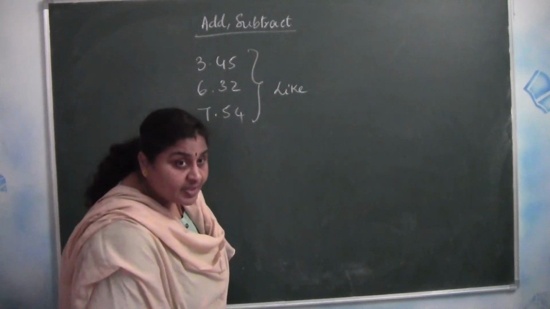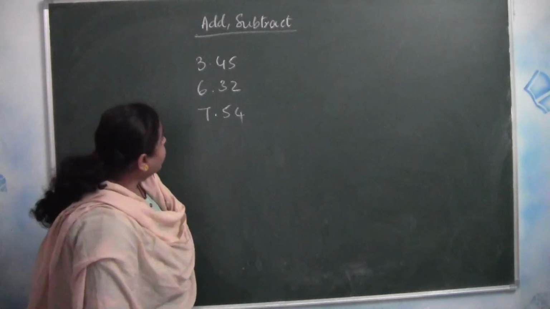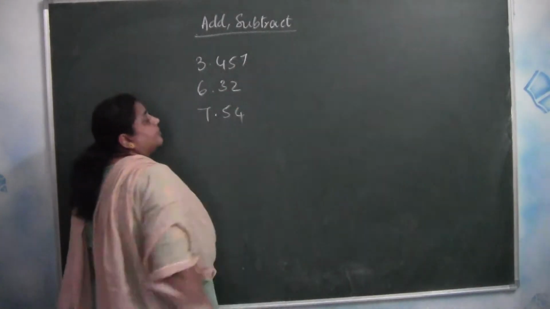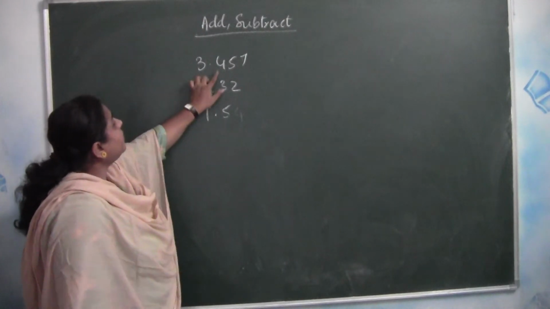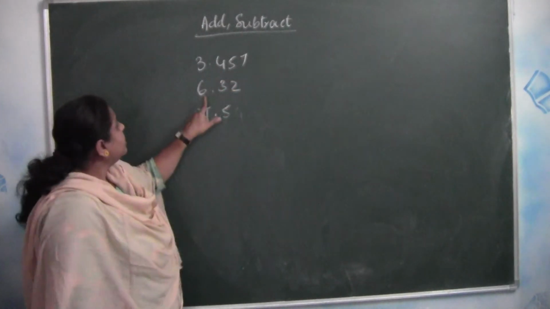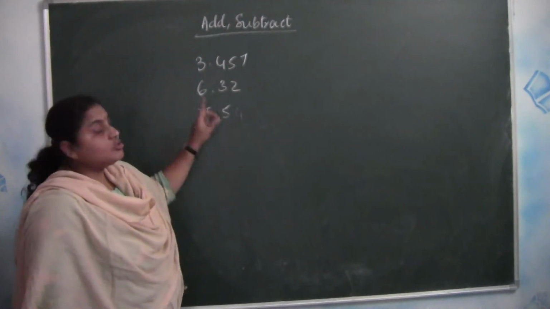Then how to convert unlike decimals to like decimals? Suppose I have here 7.3457, 6.32, 7.5. So these are the decimals.